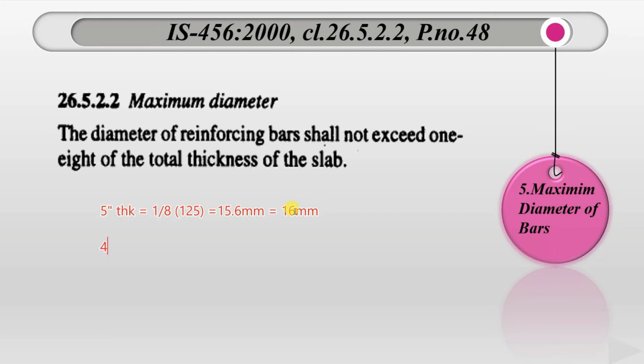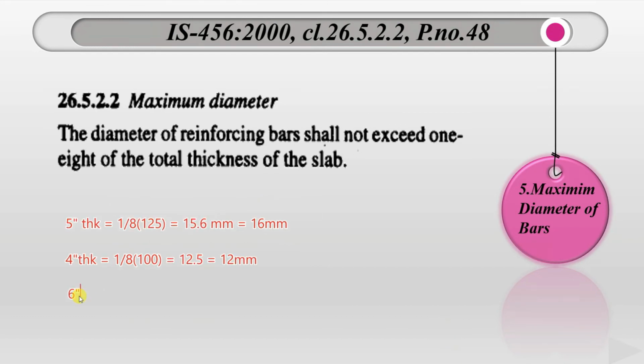Next, let's see for a 4-inch thick slab, which is 1/8 of 100 mm, which is equal to 12.5. It's considered 12 mm. So when we use a 4-inch thick slab, our maximum diameter should not exceed 12 mm. Similarly, when we use a 6-inch thick slab, that is 1/8 of 150 mm, which is equal to 18.75.